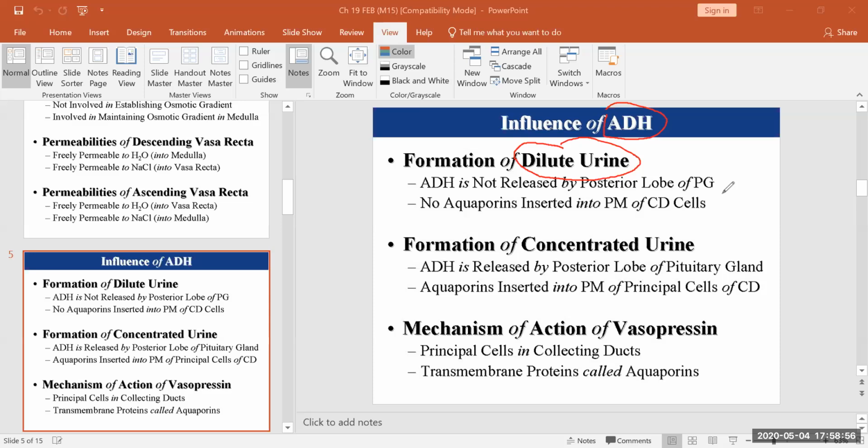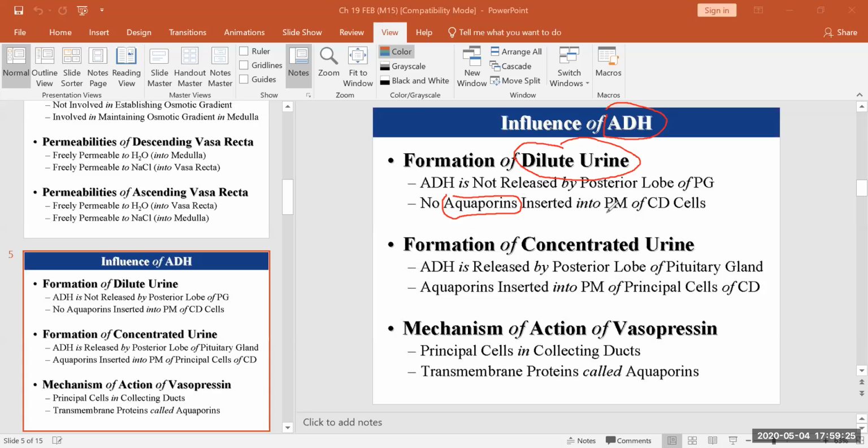Both cortical nephrons and juxtamedullary nephrons are basically doing just that. Aquaporins, those are important. Those are transmembrane proteins that are inserted into the plasma membrane of the cells that line the walls of the collecting duct.